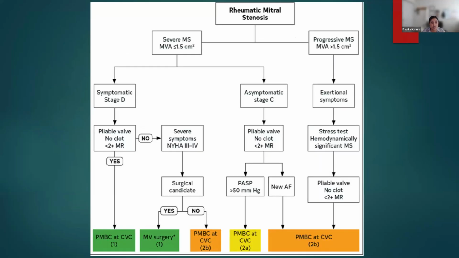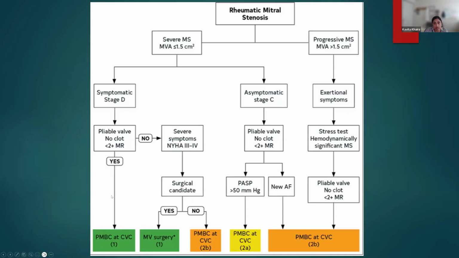So if they have a lot of calcifications, then mitral valve replacement or surgery is the better option. But if they have a pliable valve, they don't have any clots, and they have a low level of mitral regurgitation, then balloon commissurotomy is the preferred choice.